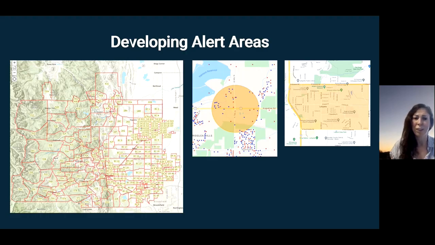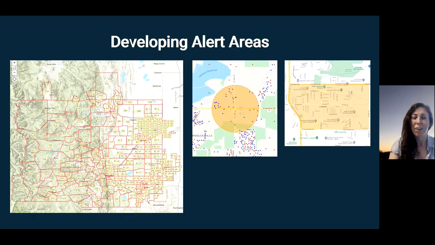If a predetermined area is deemed not necessarily the most fitting for whatever the type of hazard is, folks in the field that are incident command might either draw a radius, so a circle type of shape around whatever that hazard is, and folks in that shape would get notified. Or if it's something that is maybe even parceled down even more, they might draw an individual shape that kind of crosses different boundaries to be able to send alerts to the appropriate folks within that area.